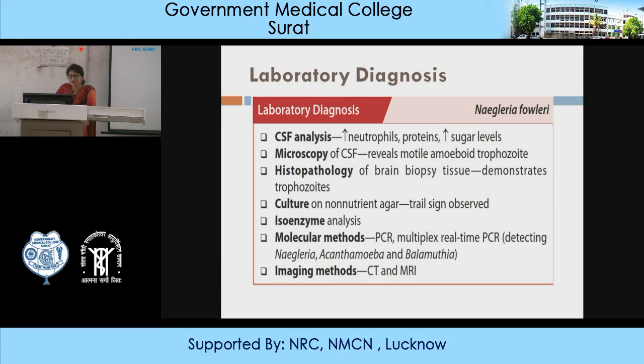You can do isoenzyme analysis from the CSF sample. Molecular methods: multiplex PCR. Here you have the multiplex PCR for the detection of the free living amoeba, and the imaging methods, that is CT and MRI, you can use.